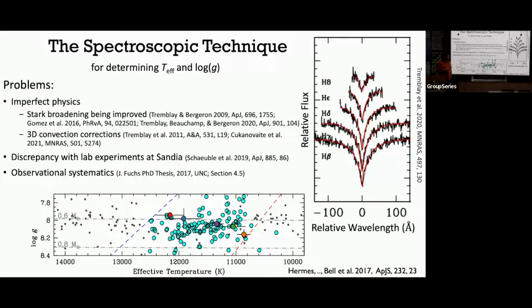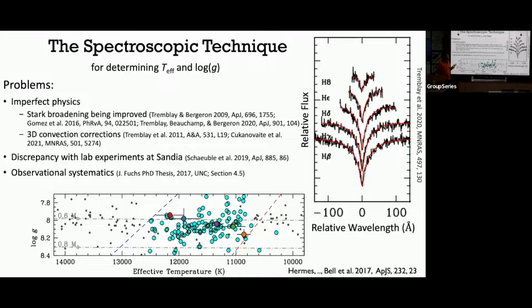There have also been some laboratory astrophysics experiments at Sandia National Labs, led by my former group at UT Austin, where I did my PhD. They're simulating the physical conditions of white dwarf photospheres in the lab by irradiating gas cells with the strongest X-ray source on Earth that's located at Sandia National Labs, bringing them to the temperatures and conditions of white dwarf photospheres, and measuring the shapes of the Balmer lines in order to compare to the models that we use to interpret the measured Balmer lines in white dwarf spectra.